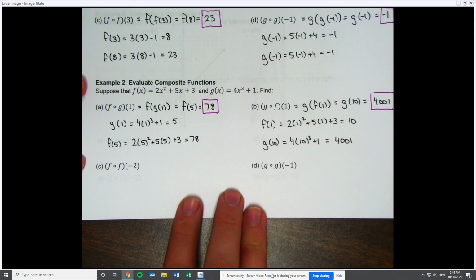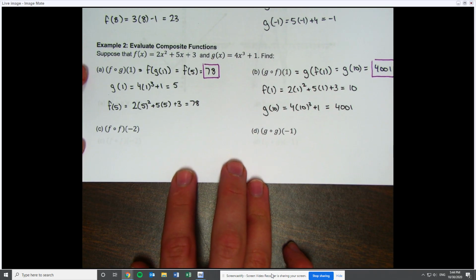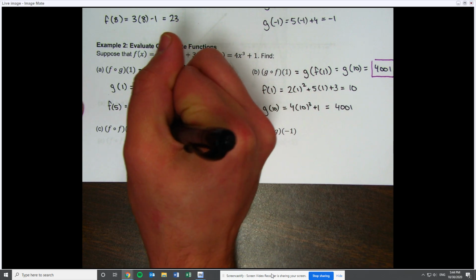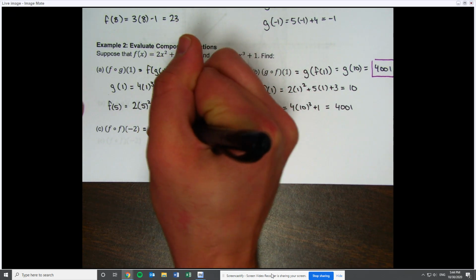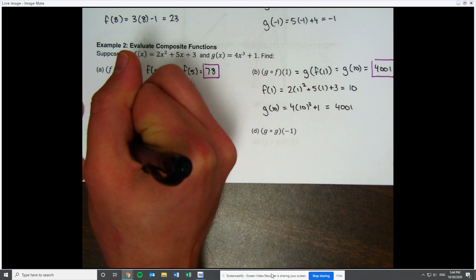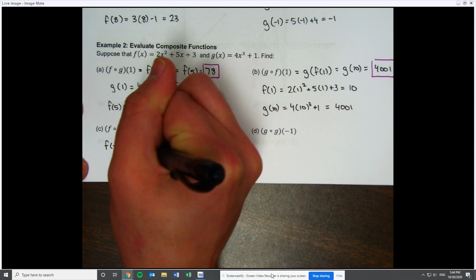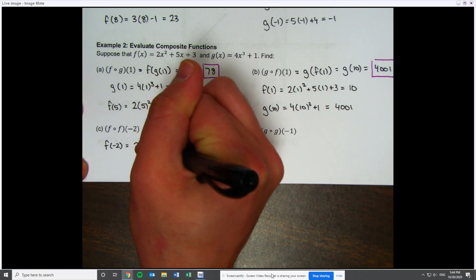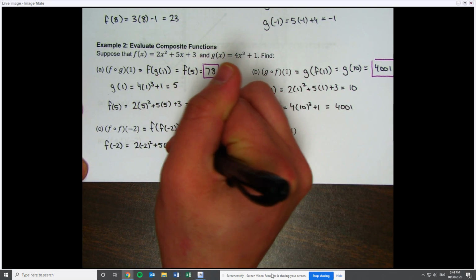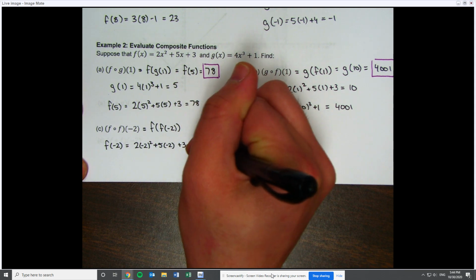All right, now you're all probably good after this, but just because I want to complete everything, I'm going to put these on here. So if you're already good to go, please skip ahead to the next page. Doing this, I have f of f of negative 2. So I have f of negative 2. That gives me 2 times negative 2 squared plus 5 times negative 2 plus 3.